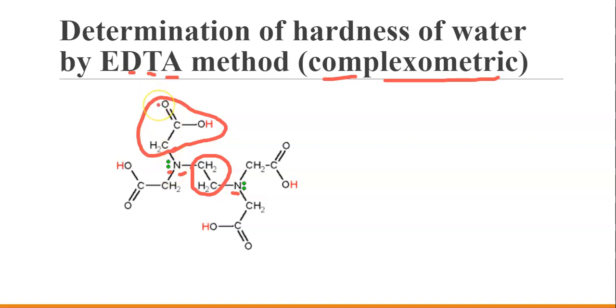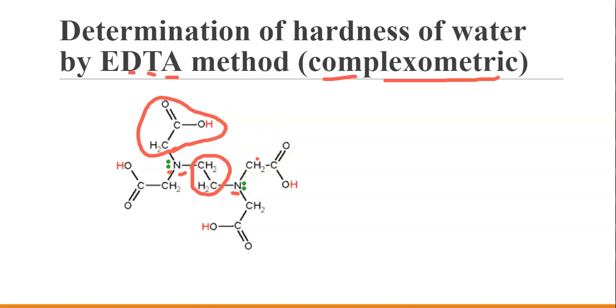Even oxygen has a lone pair of electrons. So these heteroatoms have lone pairs of electrons which they can donate to form coordinate bonds. That is why EDTA is a hexadentate ligand, that means it has 6 donor sites. It can form a coordinate complex with a metal atom. So we will see the structure of the complex ahead.